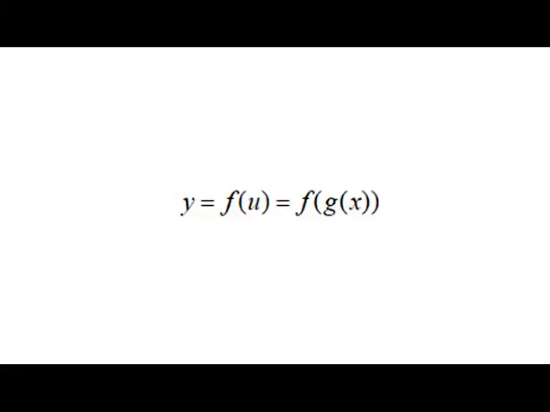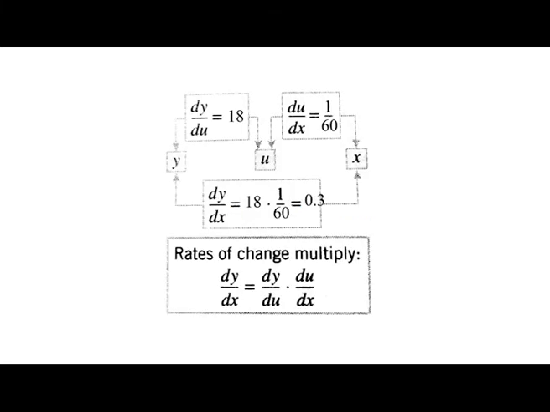We note that the number y of kilometers you can travel is also a function of the number x of rupees you spend for petrol. The fact is expressible as the composition of functions y equal to f(u) equal to f(g(x)). You might be interested in how many kilometers you can travel per rupee, which is dy/dx.